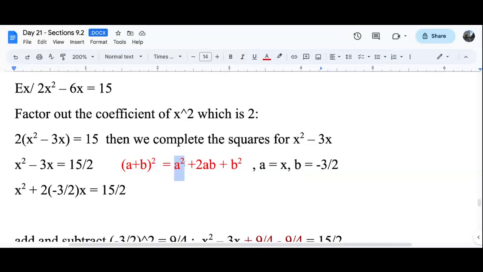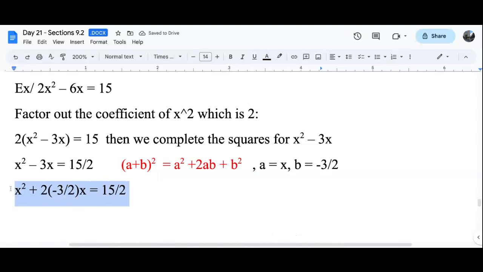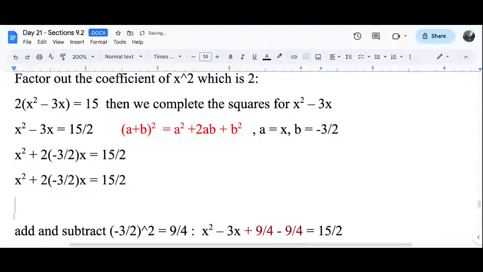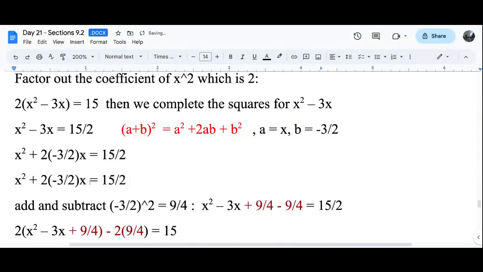You see we have a squared, x squared, and we have 2ab. Now we're just missing b squared to make a plus b squared. So we just add b squared. We could add on both sides, or we add on one side and subtract the same term. So we just add negative 3 over 2 squared on the left-hand side and on the right-hand side.